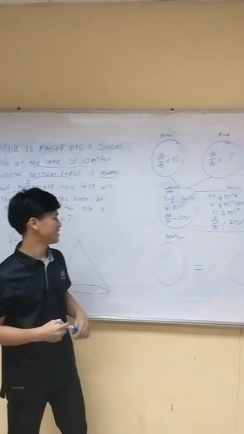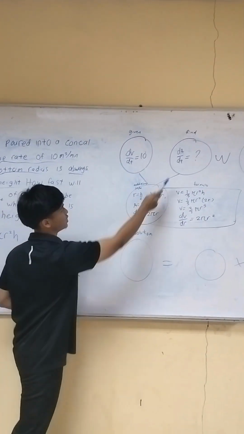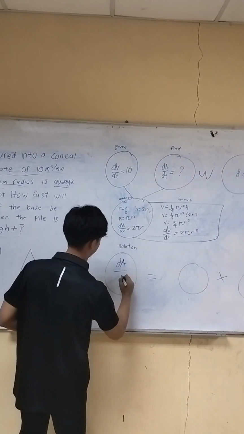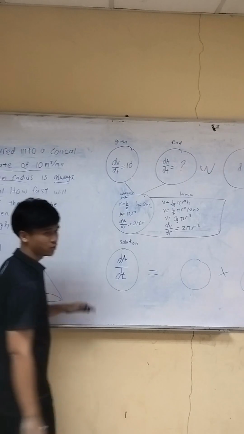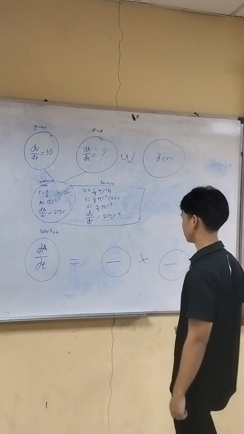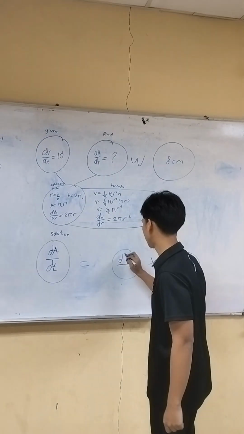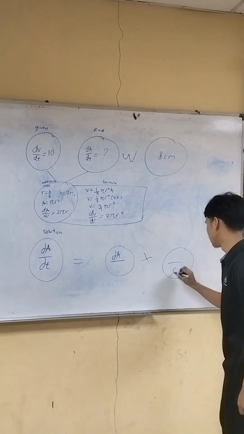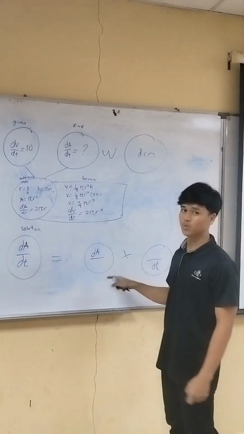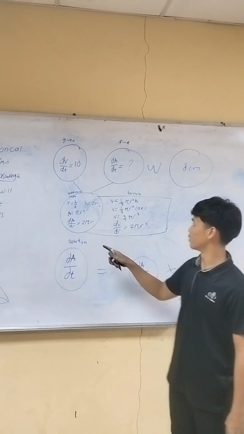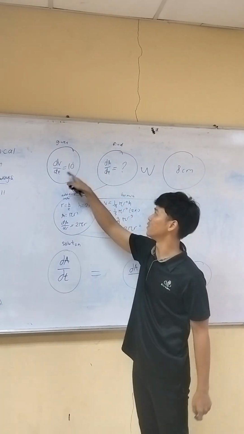Next part is the solution. As you know, we want to find dA over dt. How to find dA over dt is by writing dA over something times something over dt. What we should substitute in this something, we go back to the additional information, and we get the given information.